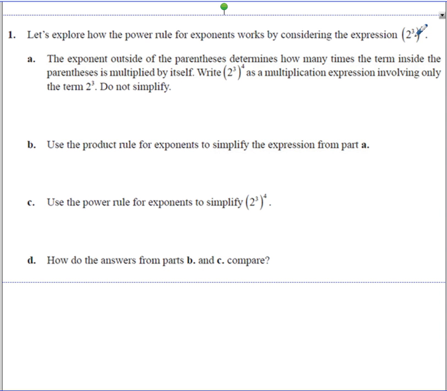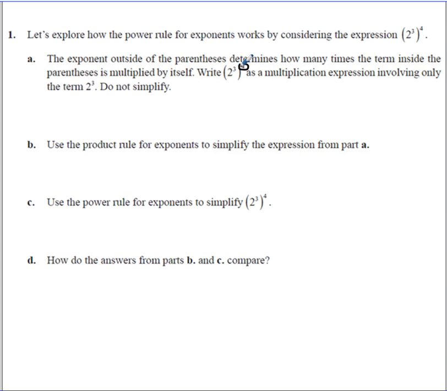Here we have 2 cubed to the 4th power, and it's asking us to write it in repeat multiplication. Again, the 4th power out here tells us that what is inside of parentheses is repeated 4 times. So we're going to say we have 2 to the 3rd multiplied by itself 4 times.